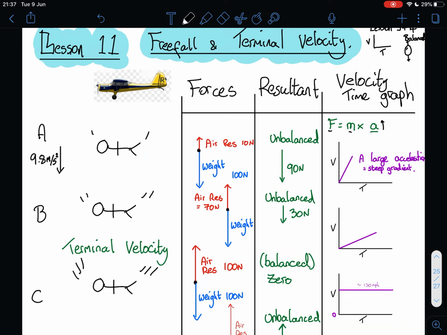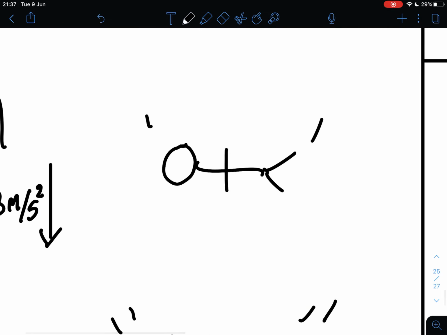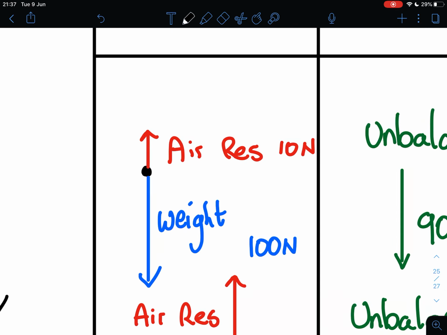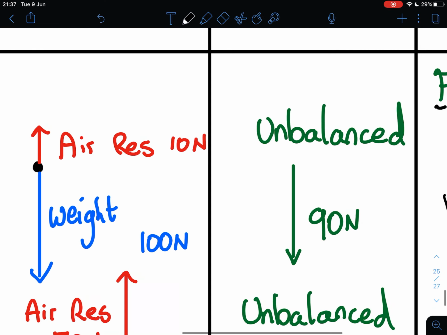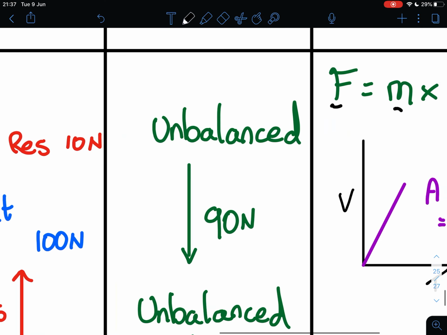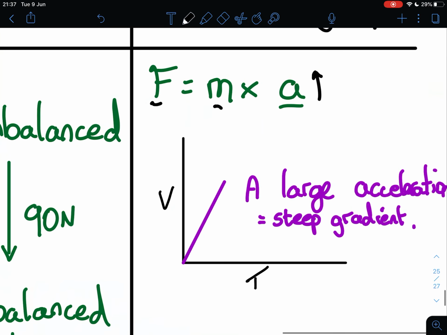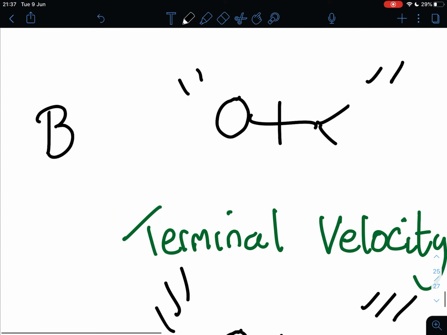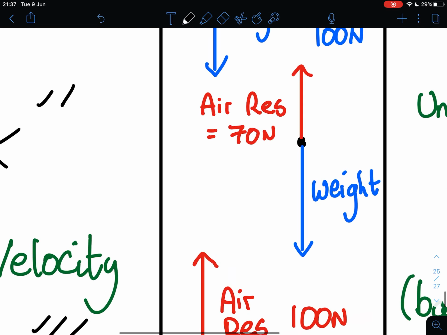You take section A. When you first jump out of a plane, your weight is unbalanced compared to the small air resistance. This creates a resultant. A resultant force creates a large acceleration. Then you get faster.